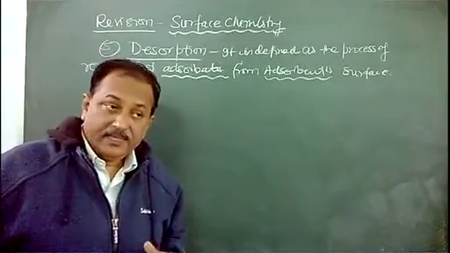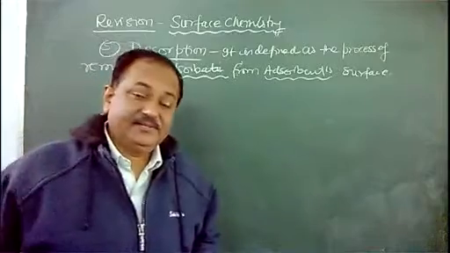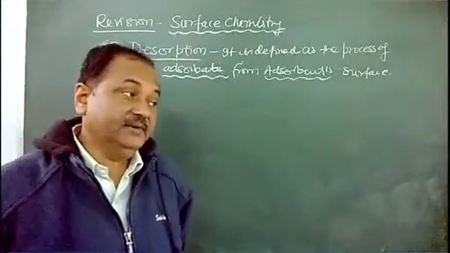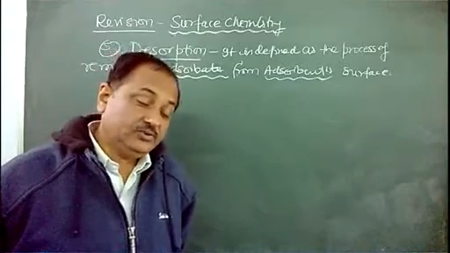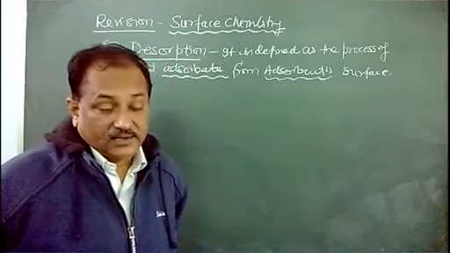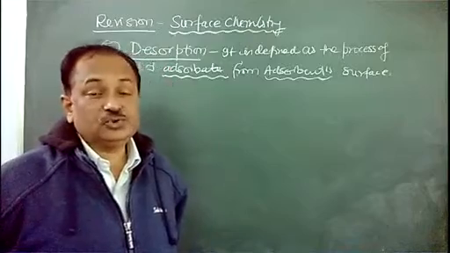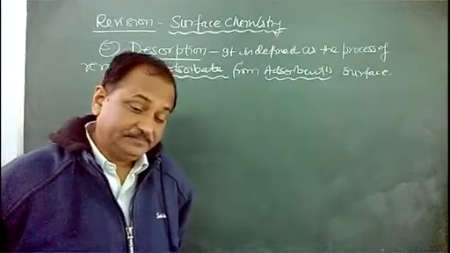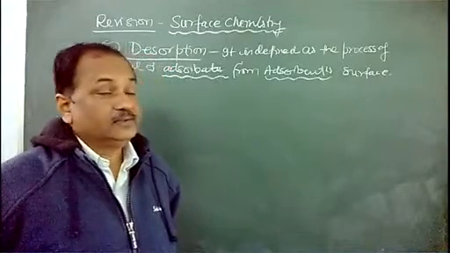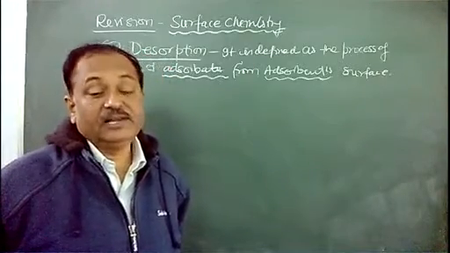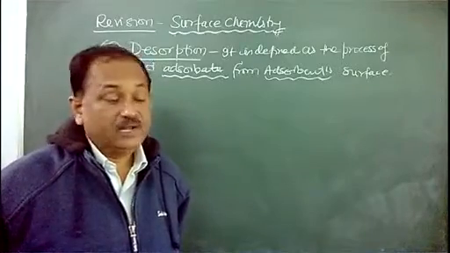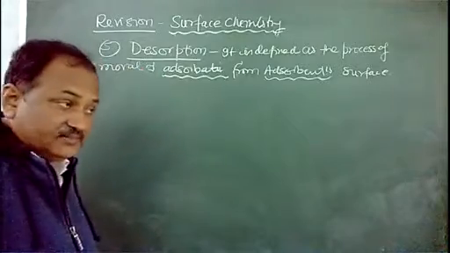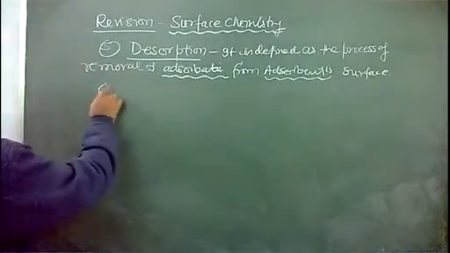For example, if we heat a stone which is wet from the outside, in a stone or glass, water or liquid cannot enter inside. On heating, the water or liquid will evaporate and go out. This is called desorption.